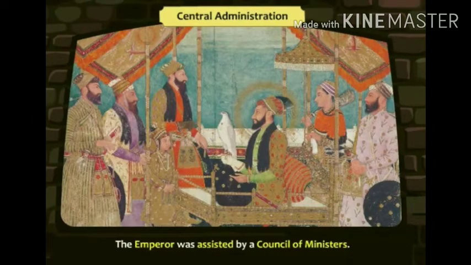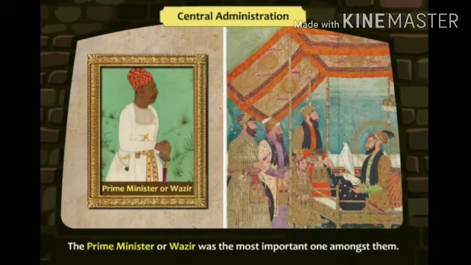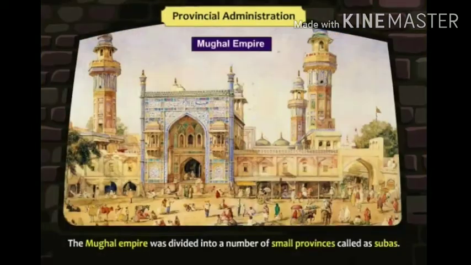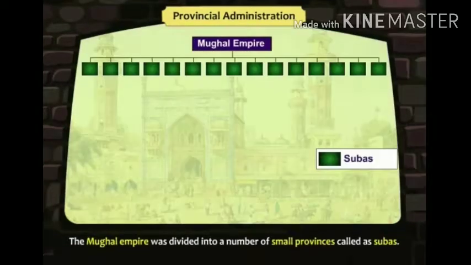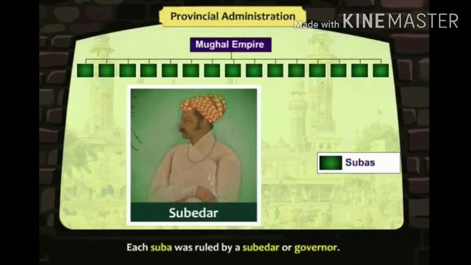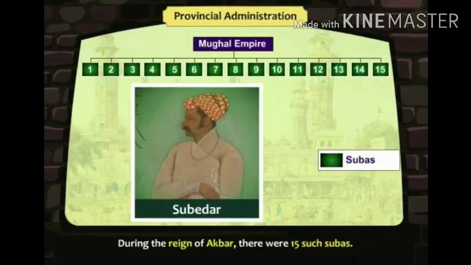The emperor was assisted by a council of ministers. The Prime Minister or Wazir was the most important one amongst them. The Mughal Empire was divided into a number of small provinces called Subas. Each Suba was ruled by a Subedar or governor.